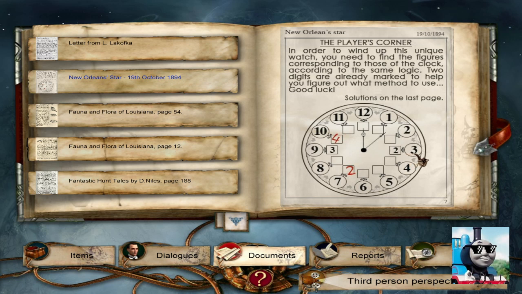Maybe. Or the number adjacent to it. So 9 minus 6 is 3. No, that wouldn't make sense. And it doesn't seem to be a case of directly across the way, because while 10 is directly across the way of 4, and 9 directly across the way, it's 3.